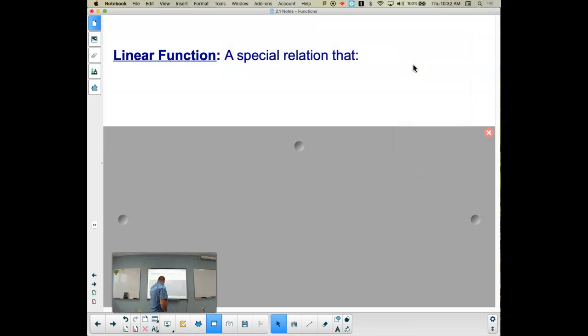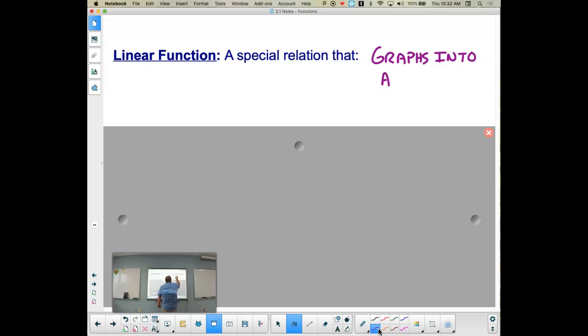It's a special relation that graphs into a line. Okay? So it's going to graph into a line, okay? Which you've done many times before. And you've graphed many lines before.